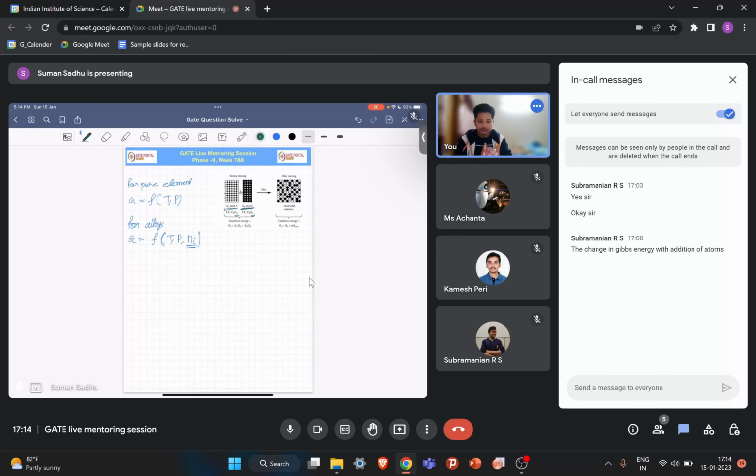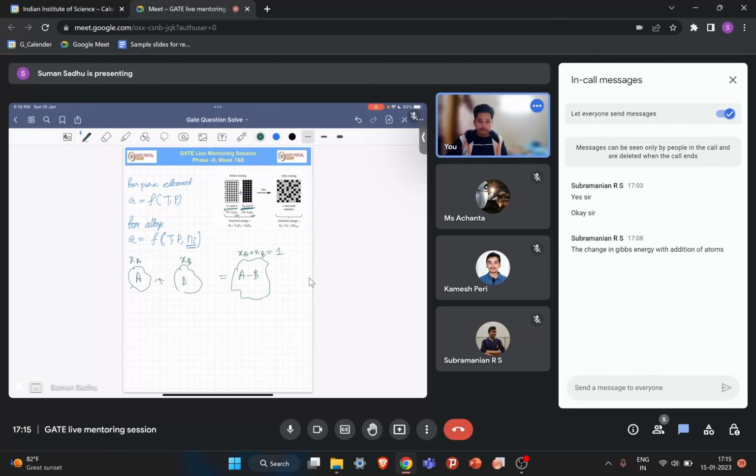Now if you mix Xa amount of A and Xb amount of B, then what will be the total free energy? Initially Xa mole of A was there and Xb mole of B was there. Now we are mixing it together. Okay, so total is xa plus xb, that is equal to 1.